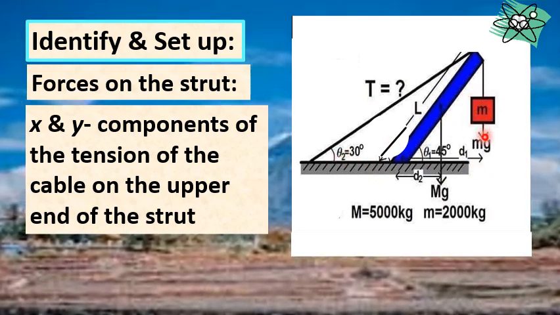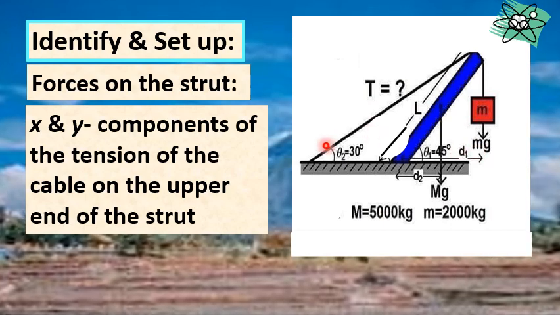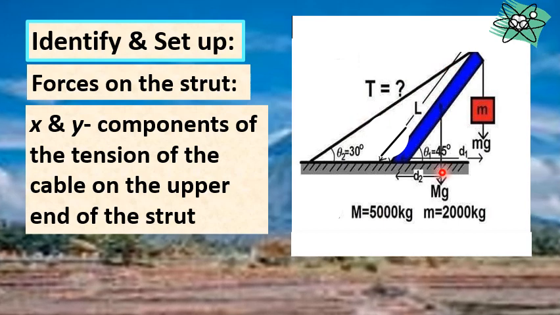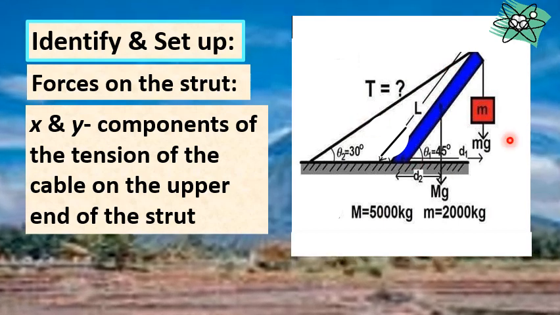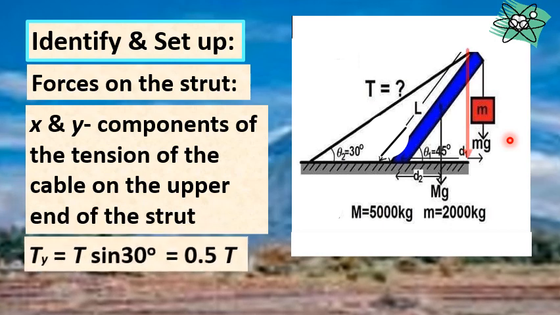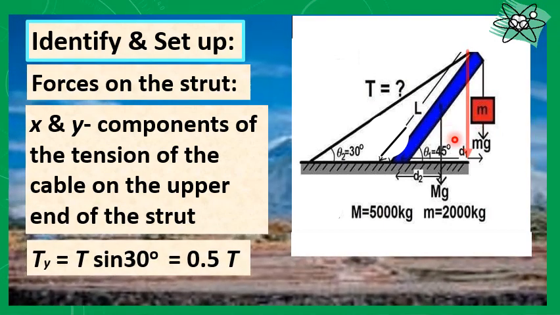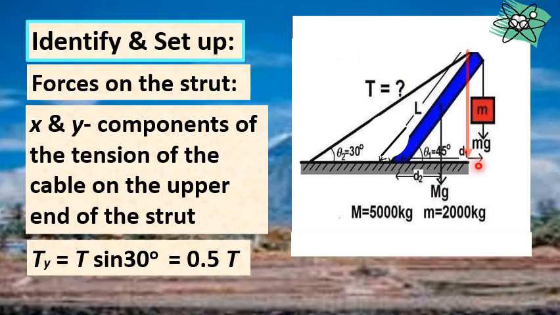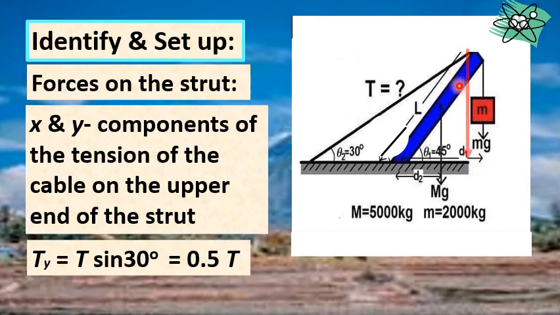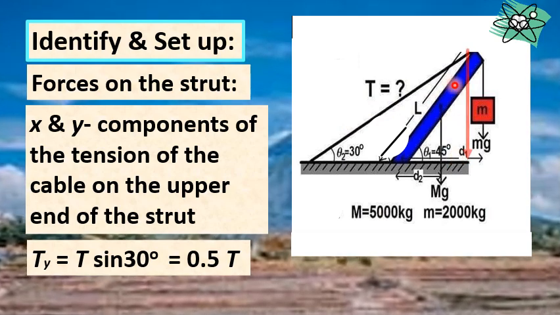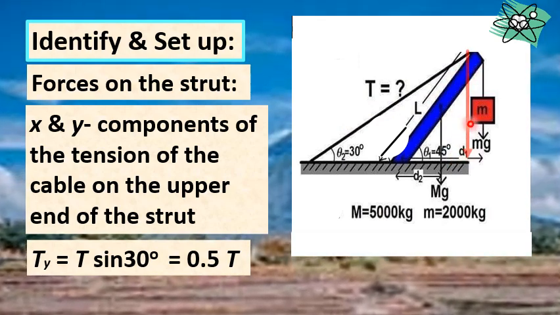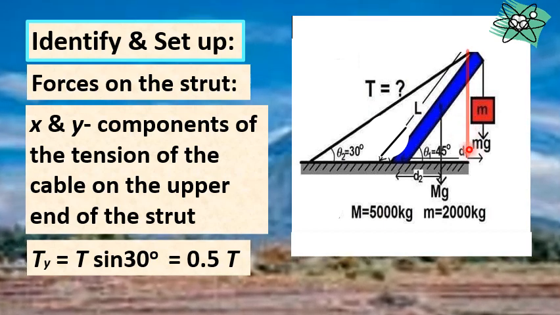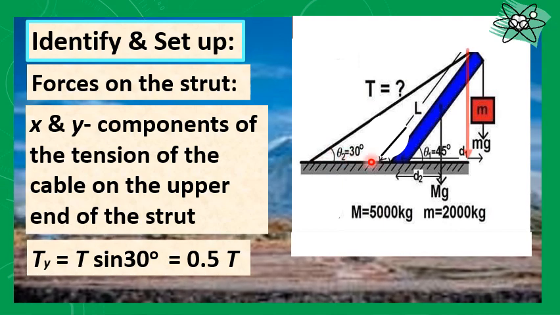And so therefore, we can represent here the x and the y components of the tension force capital T. For instance, this arrow representing the y component of the tension T, which we label as T sub y, corresponds to the opposite side of the angle 30 degrees.